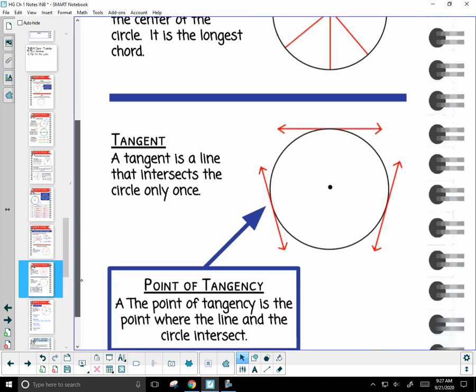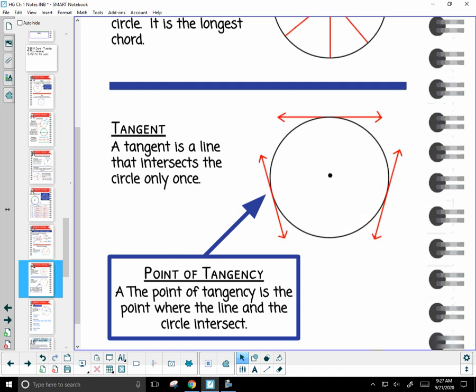The next term we have is a tangent. So a tangent is a line that intersects a circle in exactly one point. Now, you've talked about tangents before if you've had Algebra 2. I think you were talking about tangent lines intersecting a parabola? Yes? Okay. Well, our tangent lines always intersect circles for us.